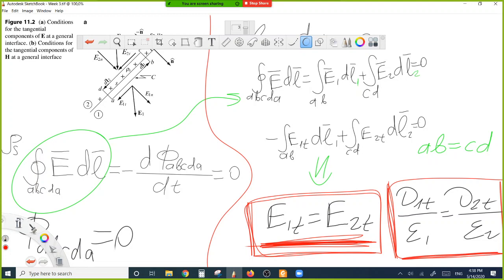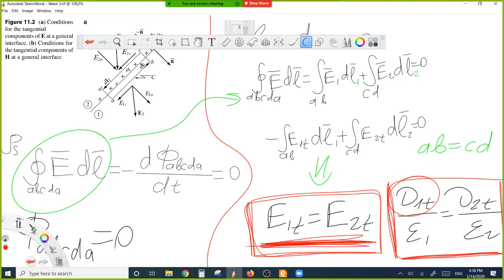The tangential component of the electric flux density D is discontinuous across the interface, in the boundary conditions at the boundary of two materials.